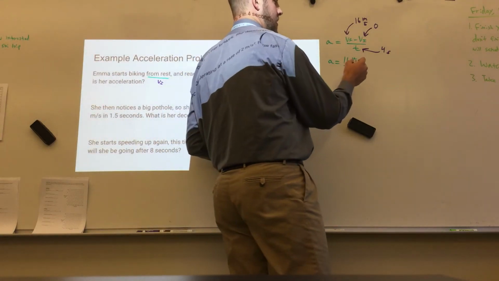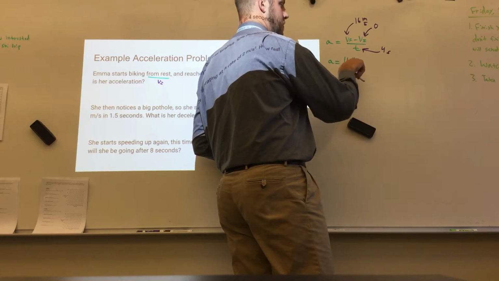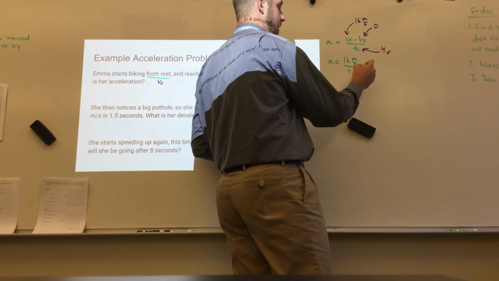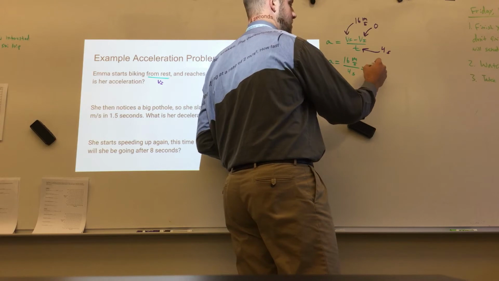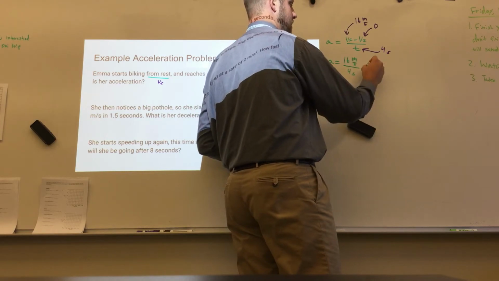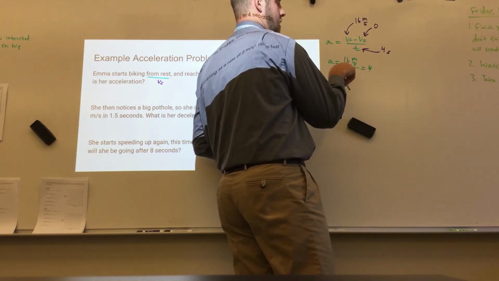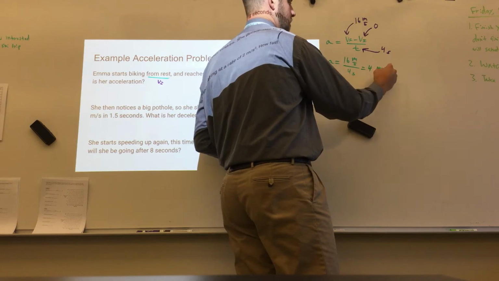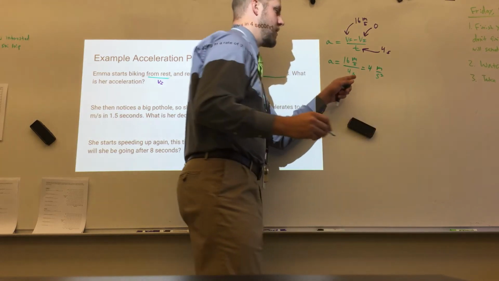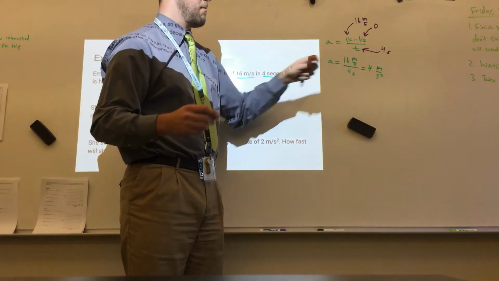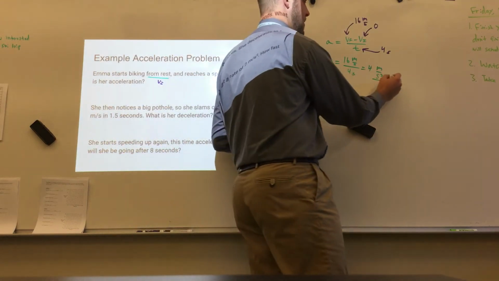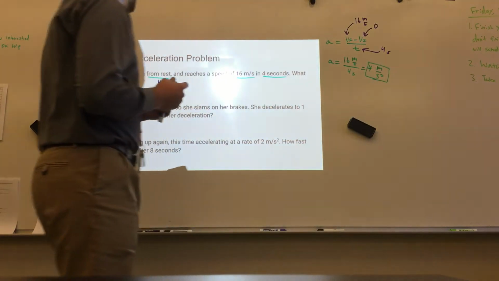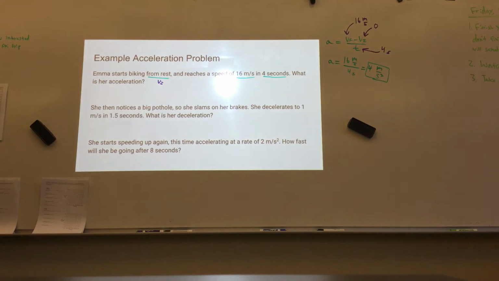You're putting that seconds in the denominator again, which means that simplifies to 16 divided by 4, that is 4, and meters per second squared. So that's how we get meters per second squared there. So that's your answer for the first part: her acceleration is 4 meters per second squared.